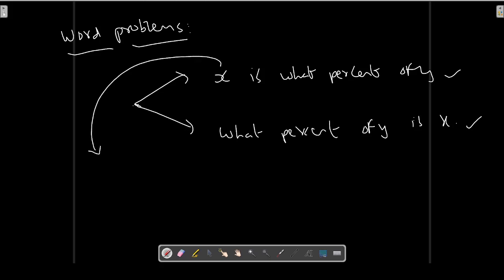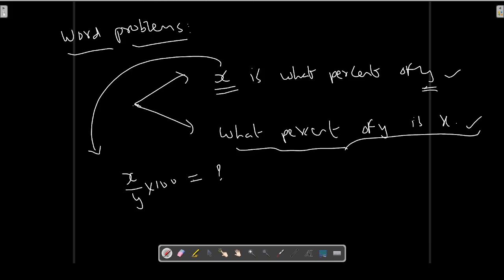In this format of questions, we have to take Y as the whole part and X as the required part. So we have to take it as X by Y into 100, and you will get the required answer. In the second model of questions, he is asking what percent of Y is X. That means in this question we have to take Y as the whole part and X as the required part.